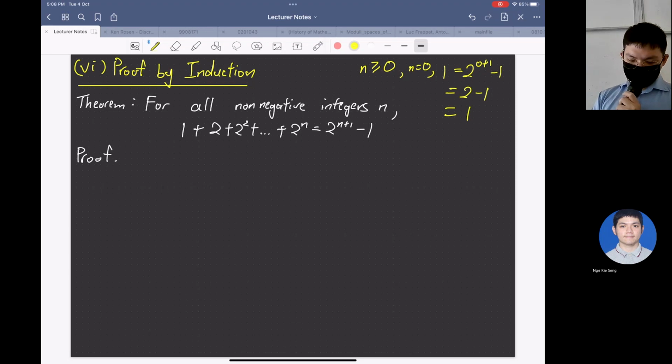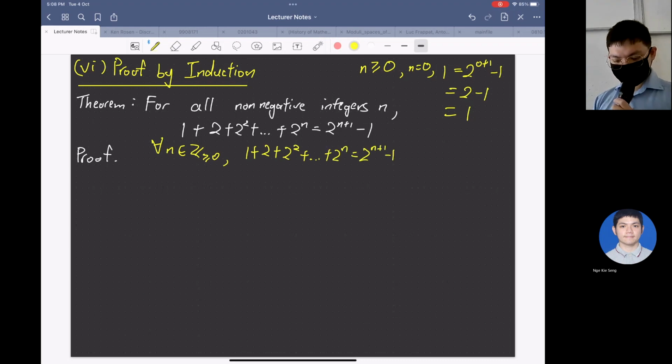This statement here is actually the universal quantifier: for all n greater than or equal to 0, 1 plus 2 and so on up to 2^n equals 2^(n+1) minus 1. This is the predicate, and I'm checking the truth value of this statement. How about n equals 1?